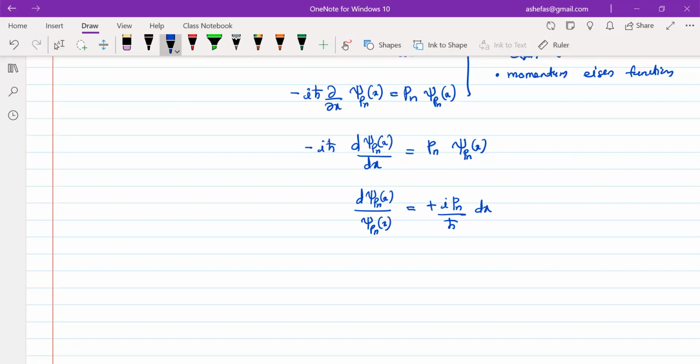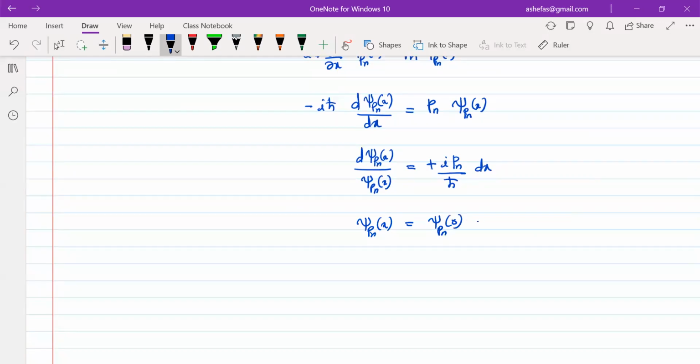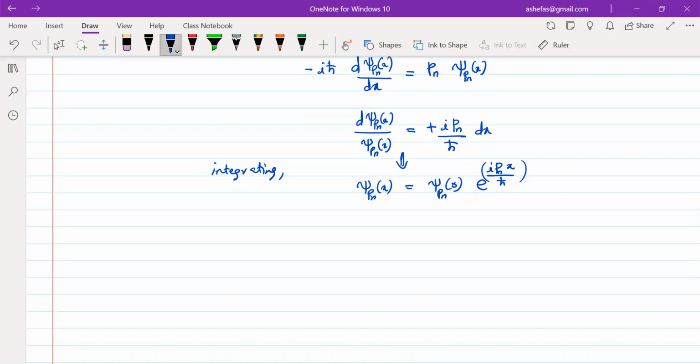Just do the integration and give the limit, and we can write psi Pn of x as psi Pn of 0 e raised to i Pn times x by h cross. So this step I am leaving to you. You can do it yourself. Okay, so this shows that the momentum eigen function is an oscillatory function.